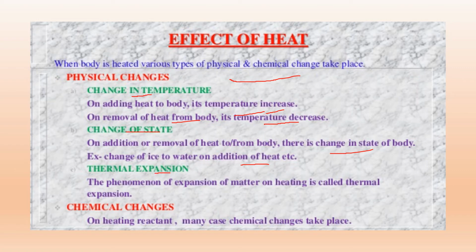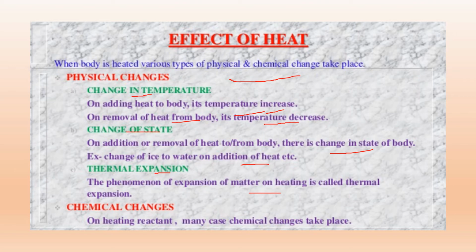Thermal expansion: the phenomenon of expansion of matter on heating. Generally the matter expands when it is heated. So this is known as thermal expansion of matter. So these three are the physical changes which occur in the body when there is transfer of heat.